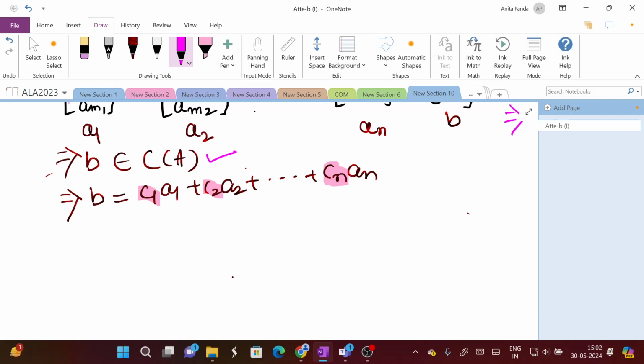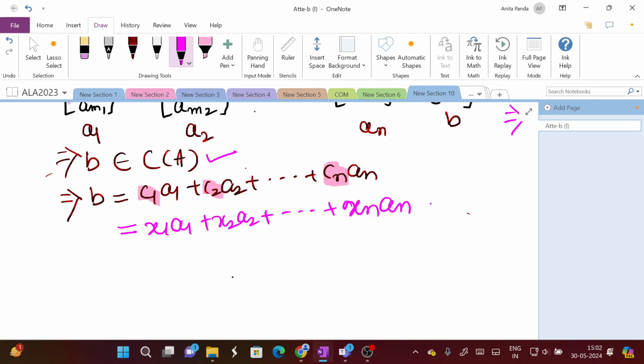That means b is a linear combination of columns of A, which I can write as x1a1 + x2a2 and so on up to xnan.